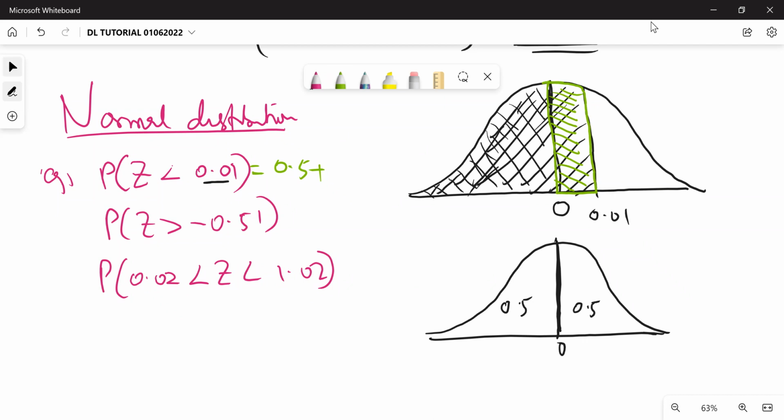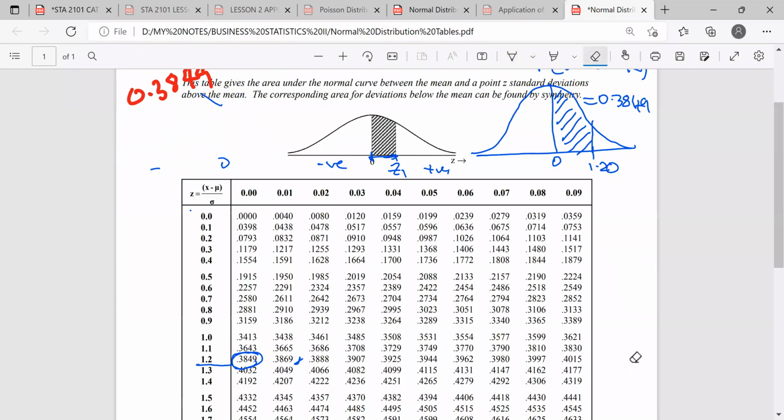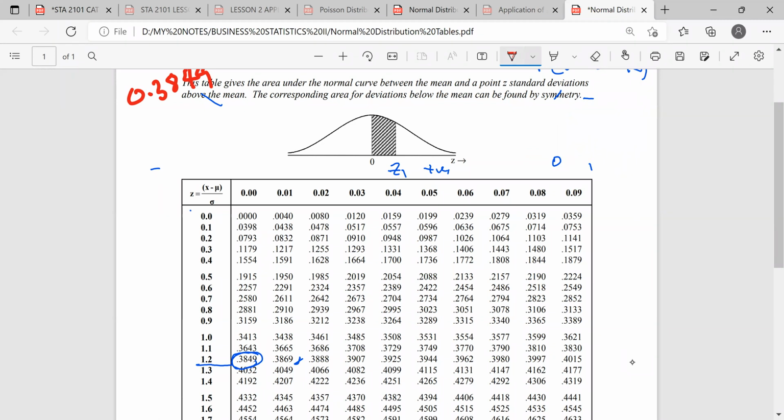So going back to our tables, we need to locate the value of Z equal to 0.01. And that value is here, 0.0040. So that's what we add to 0.5.